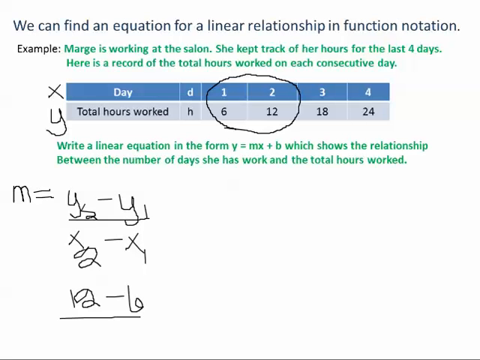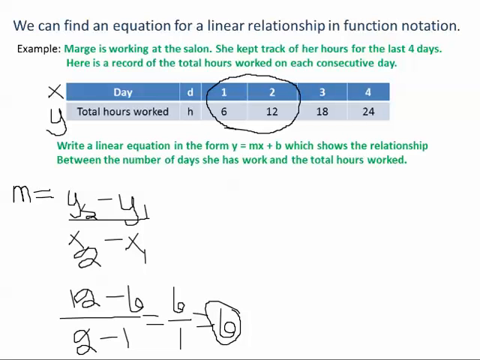So I'll have 2 minus 1. 12 minus 6 gives me 6. 2 minus 1 is 1. I have 6 over 1, which simplifies to 6, and that's my slope.